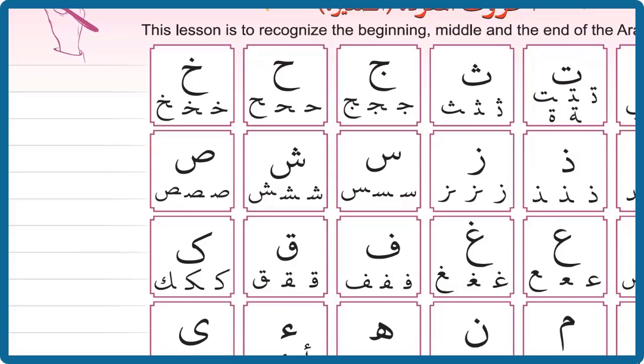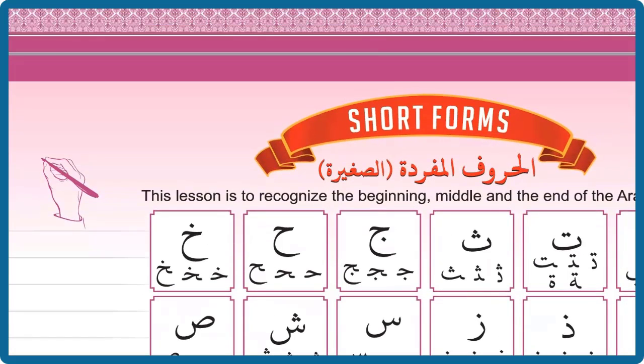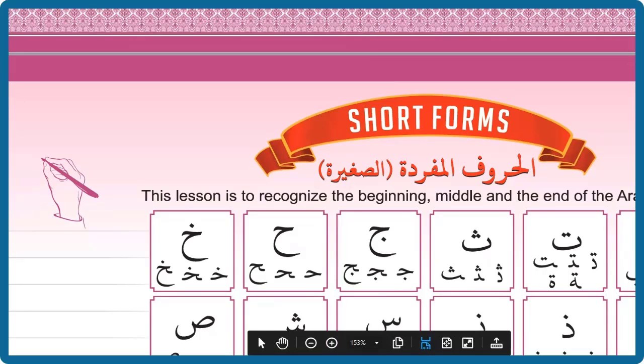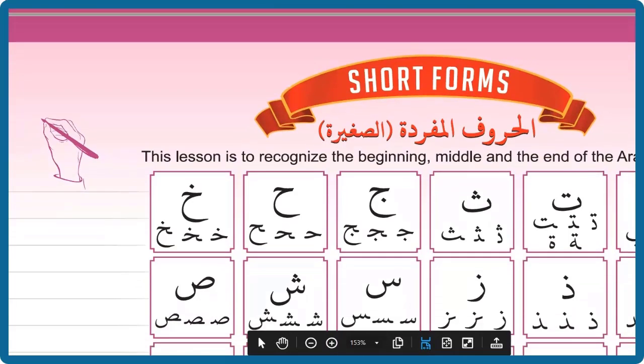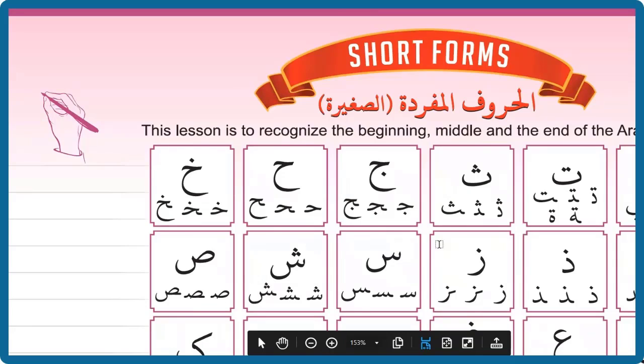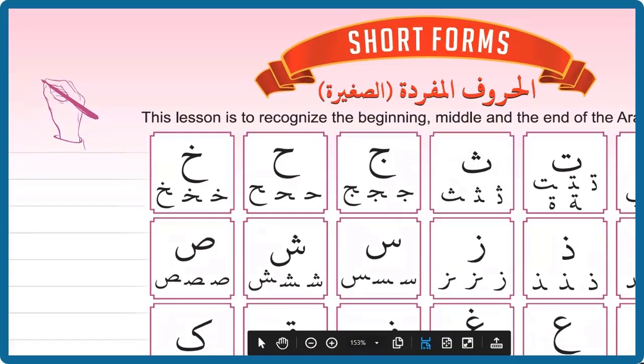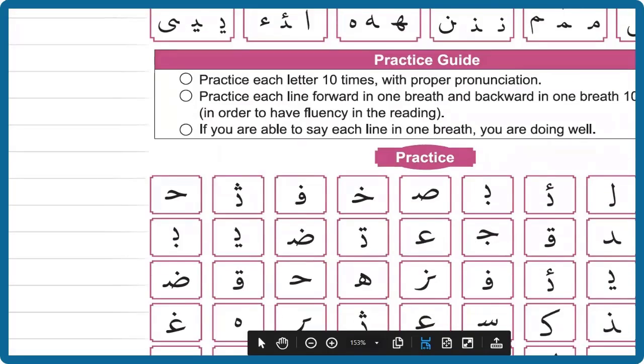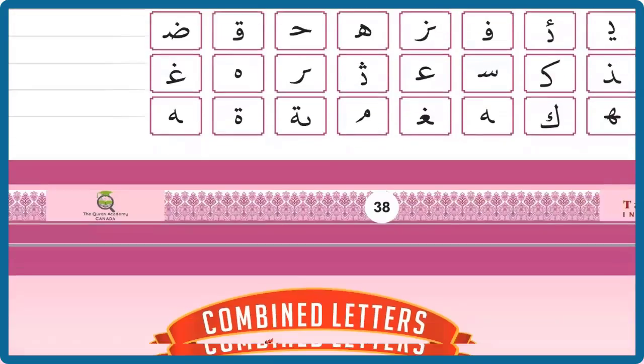And at page number 47, you will find this short form. So try to read and focus on the half shapes of these letters. Then inshallah, you will be able to recognize these letters whenever you read.